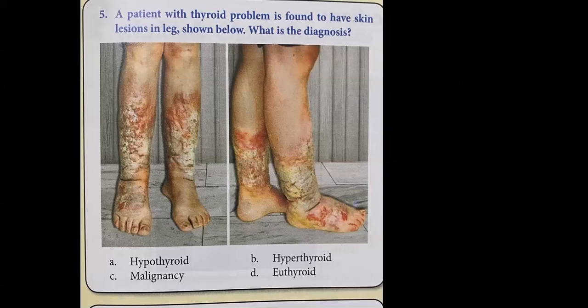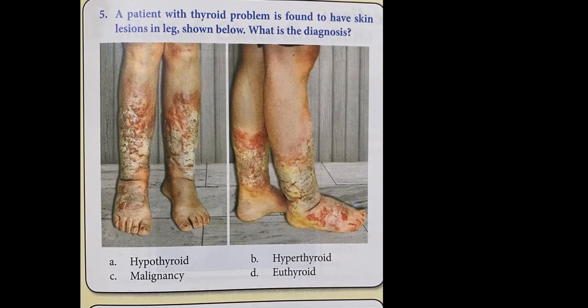Just remember, it's menorrhagia, excessive bleeding. This is also an important question. The most common menstrual abnormality in hypothyroidism is menorrhagia, and the most common menstrual abnormality in hyperthyroidism is oligomenorrhea. So here menorrhagia, here oligomenorrhea.